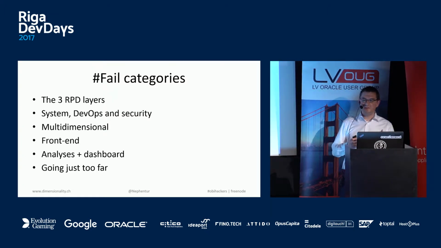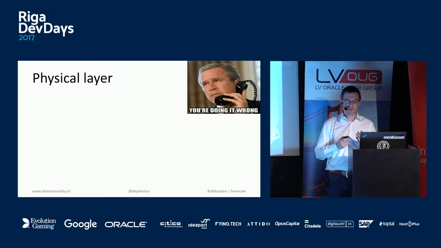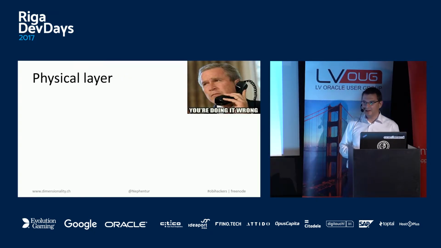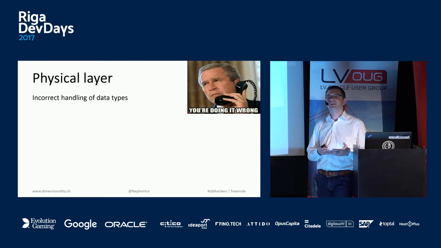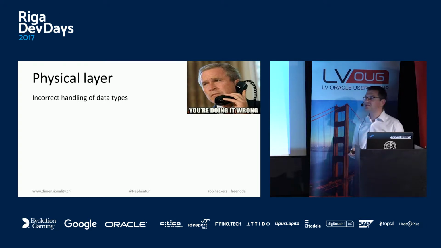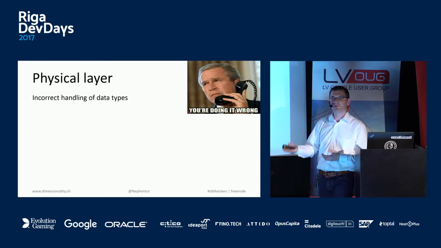Right, let's start with the 3 layers of the repository. So first of all, in the physical layer, one of the things I often find done wrong in projects is incorrect handling of data types. As I said, we can connect to any data source that we have.